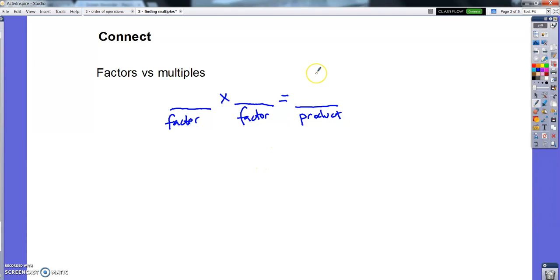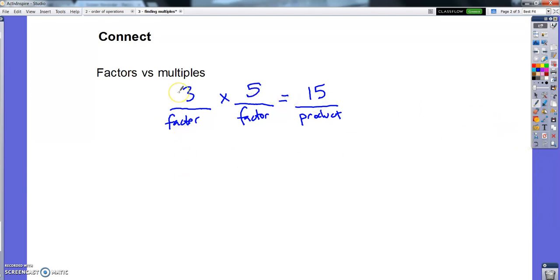If we're looking for the factors of 15, we would look at 1 times 15, and those would be two factors of 15. Or we'd look at 3 and 5. Those would be two factors of 15.